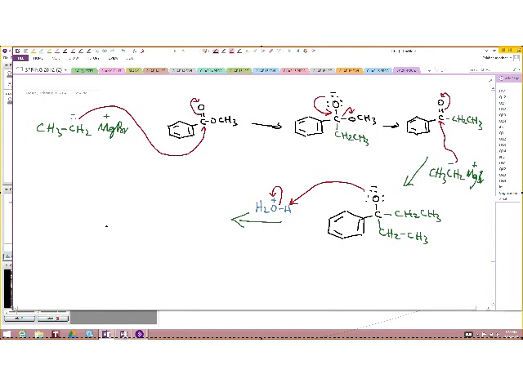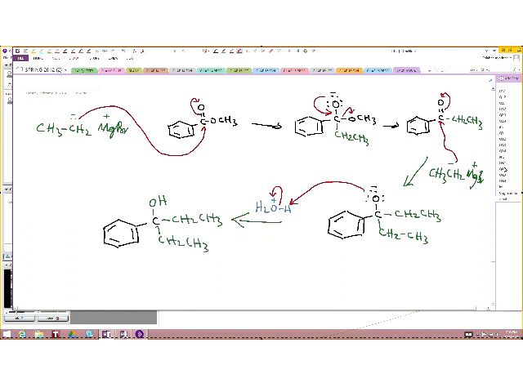And that is how you get the alcohol. So therefore, if I ask you, the reaction of a Grignard with an ester, what kind of alcohol do you get? Tertiary alcohol, in which two of the alkyl groups will be coming from the Grignard reagent.